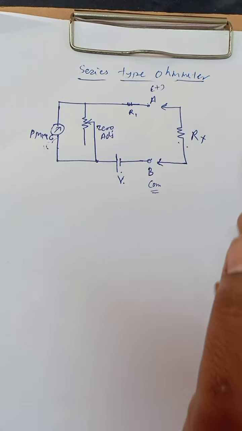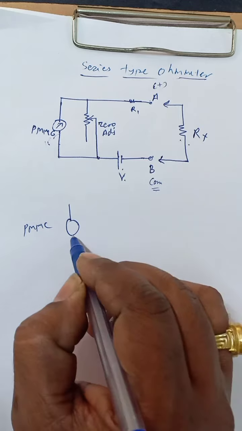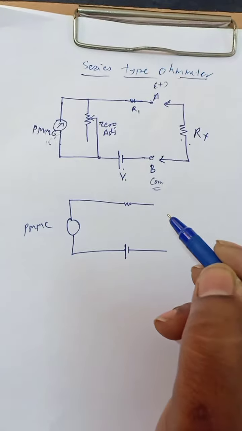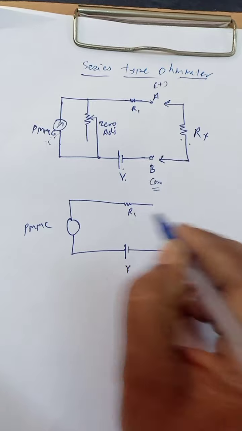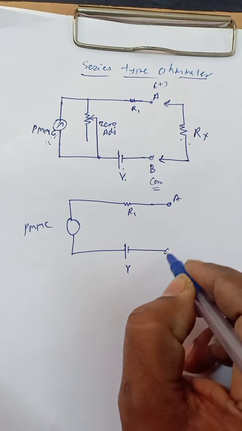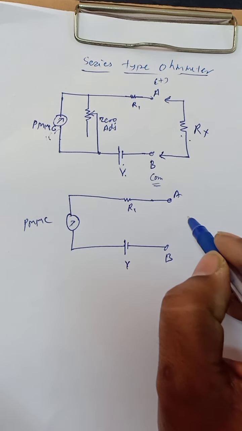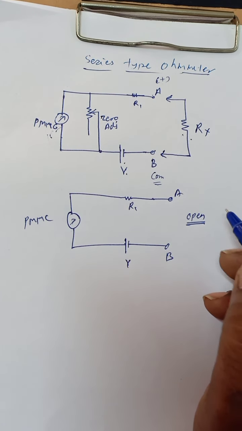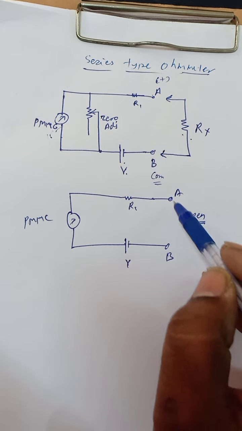Let us consider first this Rx is not connected. So this is the PMMC, then this is the internal voltage source, since the ohm meter requires an internal voltage source. This is say R1, this is the A terminal, and this is the B terminal. If this terminal A and B is open, what does it mean?